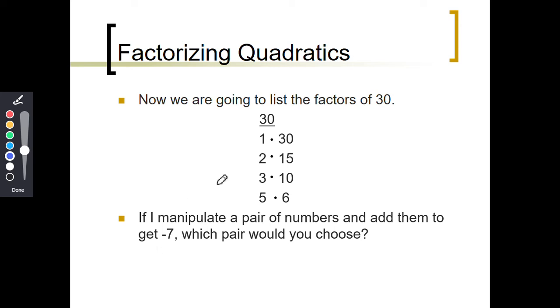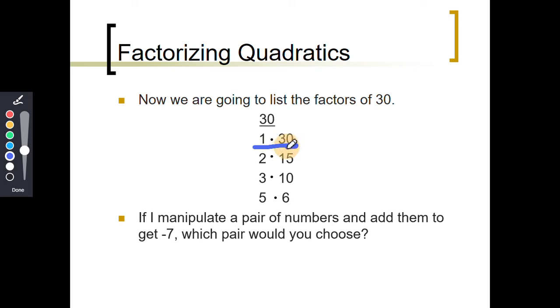Let me repeat that. If I look at each of these pairs of factors and I manipulated a pair, I changed the sign of a number in that pair and I added the two numbers in that pair and I got negative 7, which pair would you choose? Let's see.